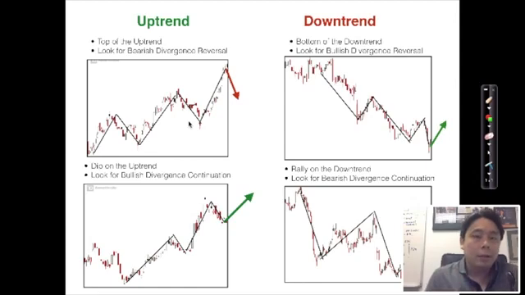Now, once you see it's an uptrend, you could ask: are we right now at the top of the uptrend, in this first case over here, or are we at the dip of the uptrend, which is the second case over here? If you are at the top of the uptrend, what do you anticipate?